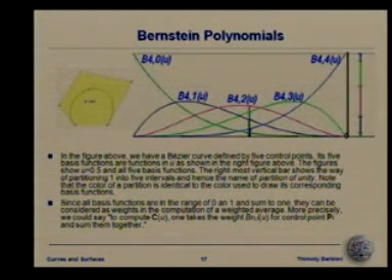The opposite happens on the other side of the curve. Here, what matters most for the curve is the position of P4 and P3, because of the contribution of the Bernstein polynomials when u is near 1. So do you see how it works?